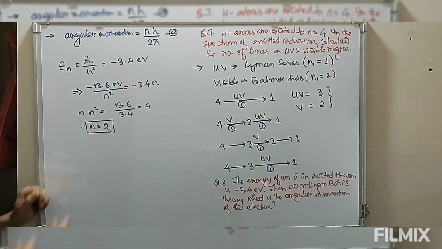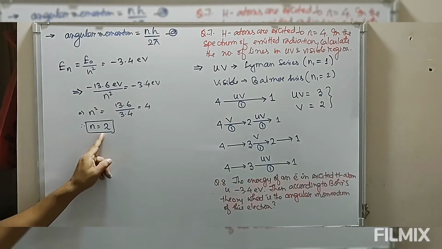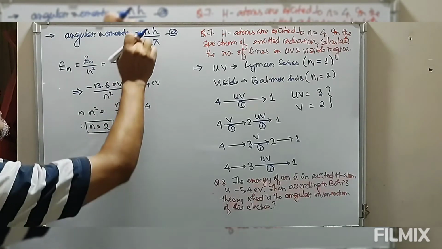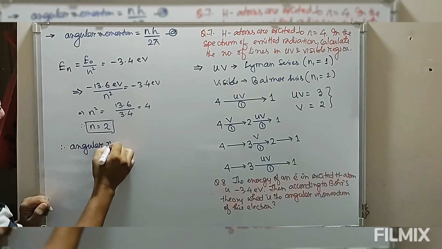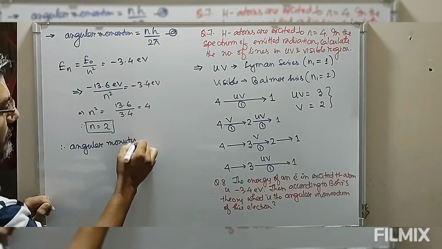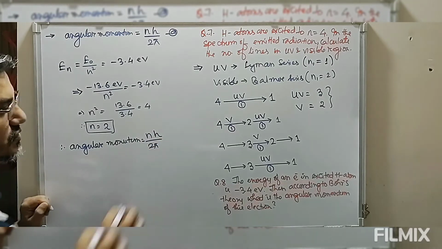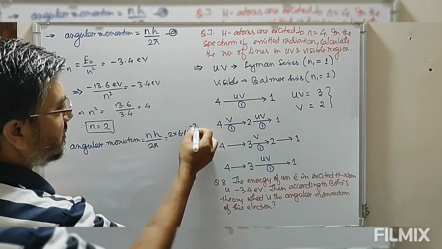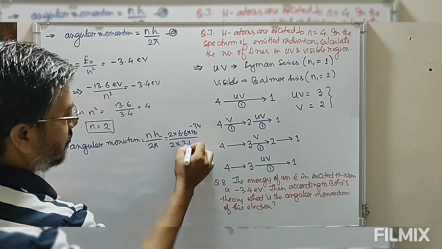So the excited state of the electron having energy minus 3.4 electron volt is n equals 2. Once we have n equals 2 from this energy relationship, we can use the value of n. Therefore angular momentum equals nh by 2 pi. n is 2, h is 6.6 into 10 to the power minus 34, divided by 2 into pi, which is 3.14.